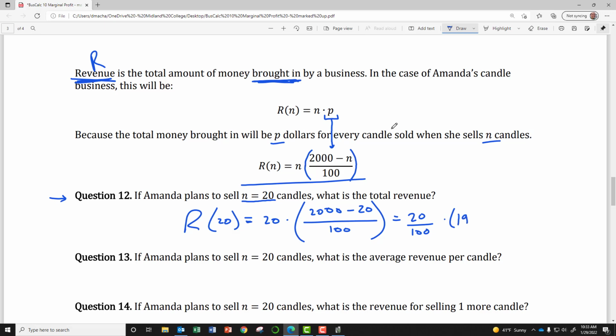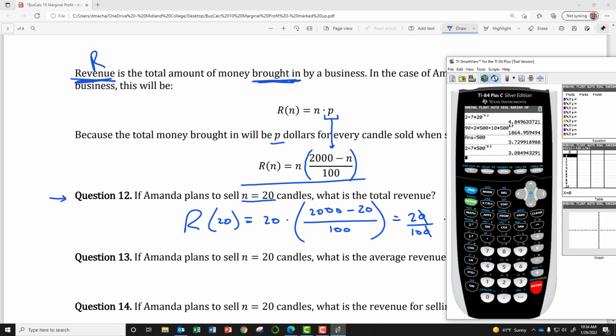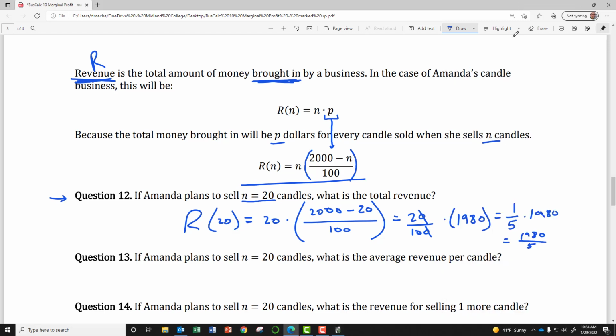Well, 2,000 minus 20 is 1980. 20 over 100 is the same thing as 2 over 10, which is the same thing as 1/5. So this is 1/5 of 1980, or 1980 over 5, and I don't really know this, so let me do 1980 divided by 5, and this is 396.